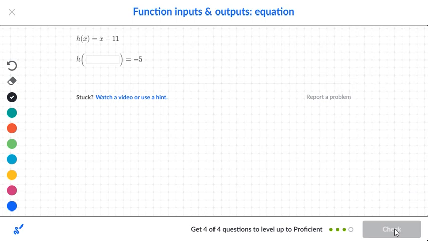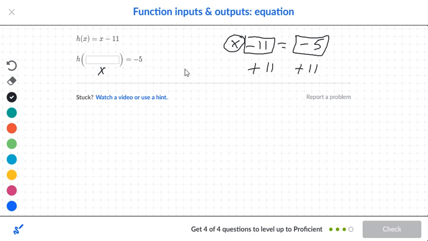Next one, you have h of x is equal to x minus 11. So we can say h of x is equal to negative 5. So you have x minus 11 is equal to a negative 5. Circle, box, and box. Go ahead and add 11 to both sides.